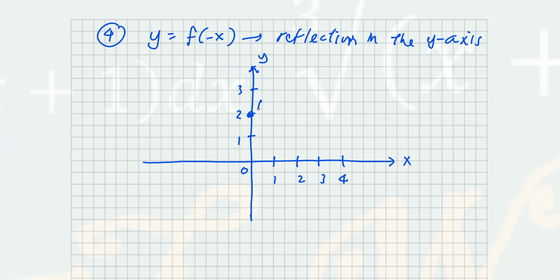Okay, so initially this will be your A, B, C, and D. These are the points.